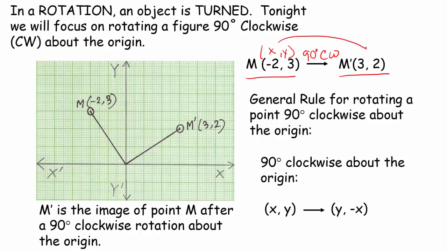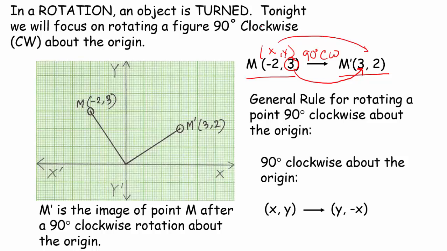Notice over here, though, on the image, that 2 isn't in the X spot anymore. It kind of shows up where the Y coordinate would be. And notice here, on M, my original figure, my Y coordinate is 3. Notice where it's located on M prime. It becomes the X coordinate. That establishes the first step of my rule.